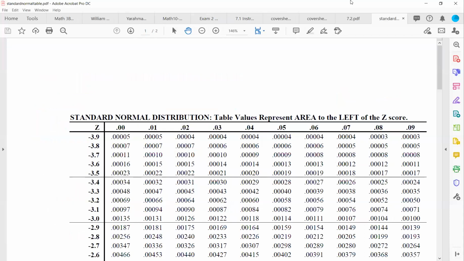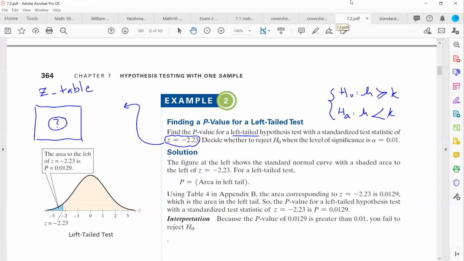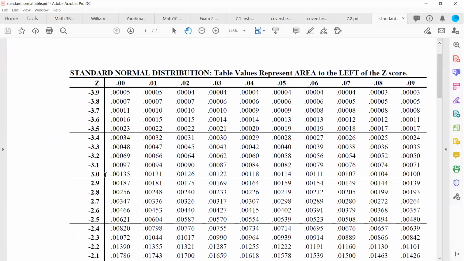Okay, perfect. So our z is equal to negative 2.23. So the intersection between these two is almost 13%. I'm sorry, almost 1%.